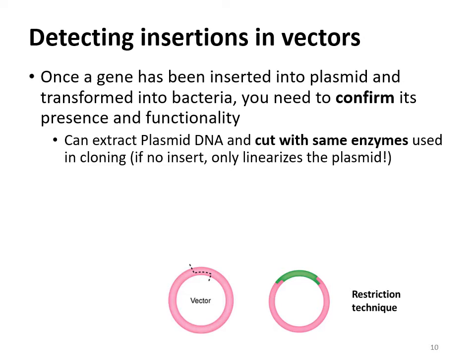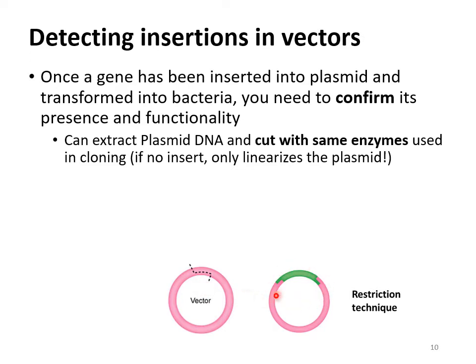If you look at this picture on the bottom of the slide, if that plasmid only religated to itself, which is this guy here, then when you cut it with that enzyme, it'll only cut once, and you'll see one linear strip of DNA.